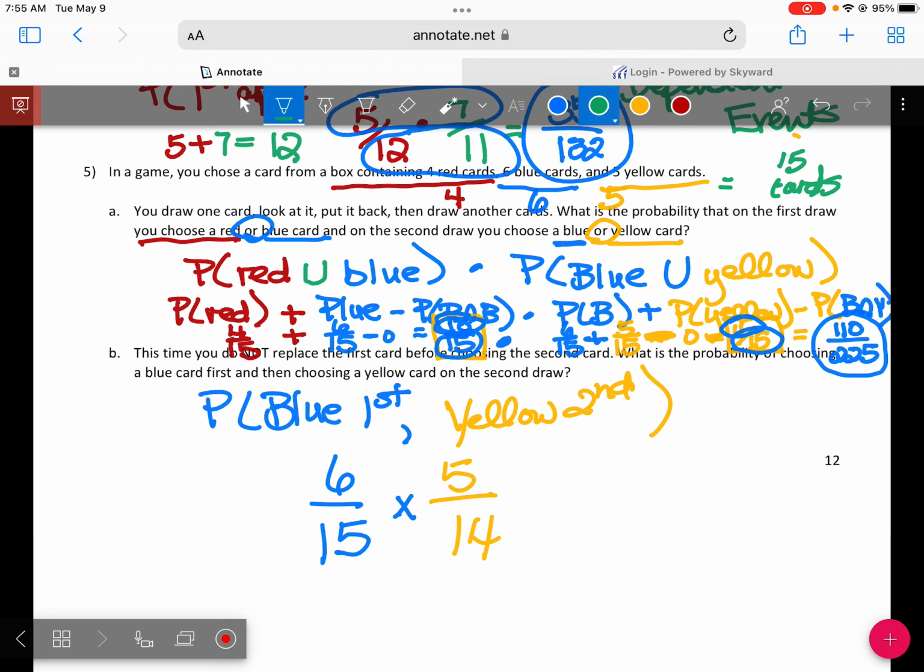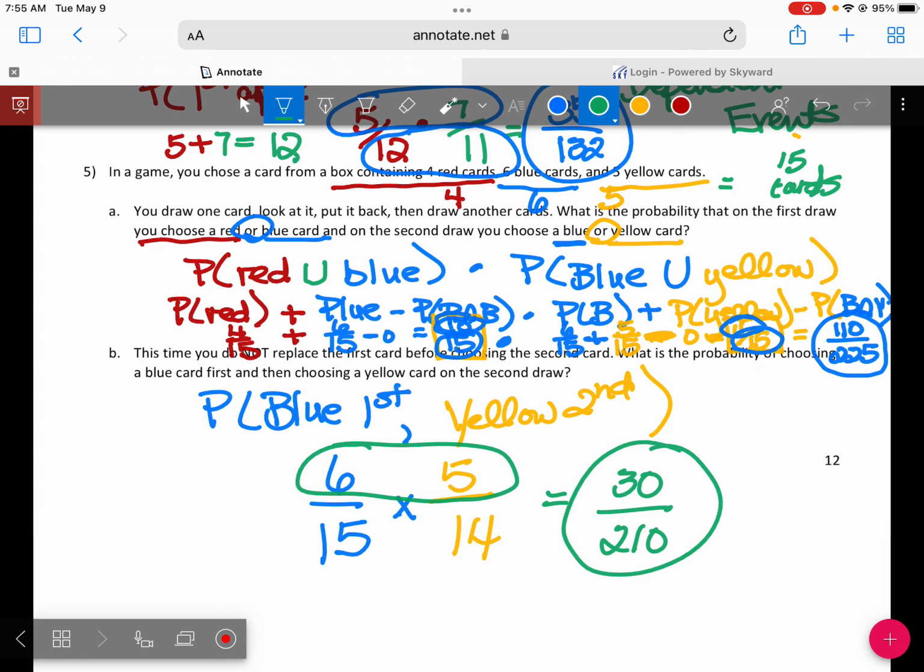So multiplying 6 times 5 is 30, out of 15 times 14 is 210. So that means this is a dependent event. Dependent event. Okay?